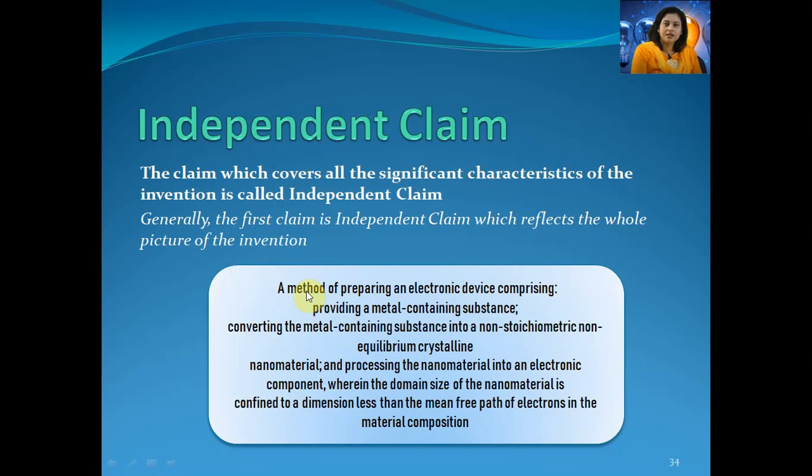Here I am giving one example of independent claim. It says a method of preparing an electronic device comprising of such and such metal, converting the metal containing such and such substance like this. So in this fashion you can write an independent claim. You can just read this claim.